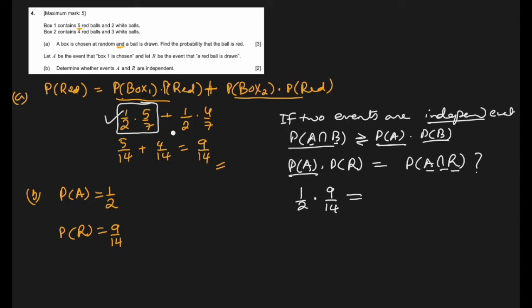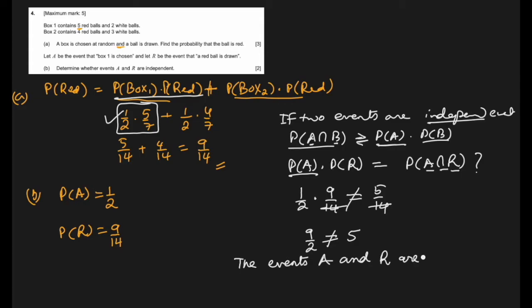This is the probability of A intersection R, which is 5 out of 14. So 14 and 14 cancel. 9 over 2 is not equal to 5. So we can write that the events A and R are not independent.